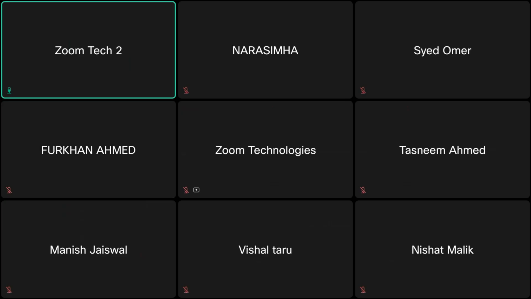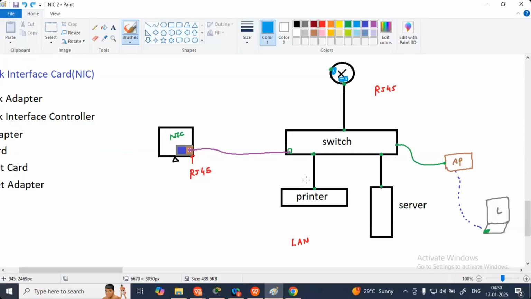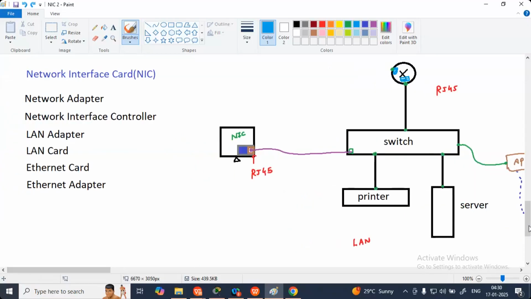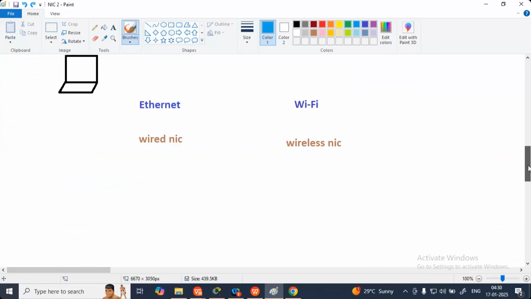So you can check the status of the NIC card here also. In any device, if you want to check the status of the NIC card, whether it is working or not, you can check your speed also, because we know a wired network is faster compared to a wireless network.